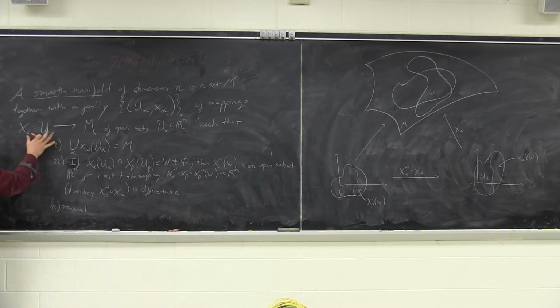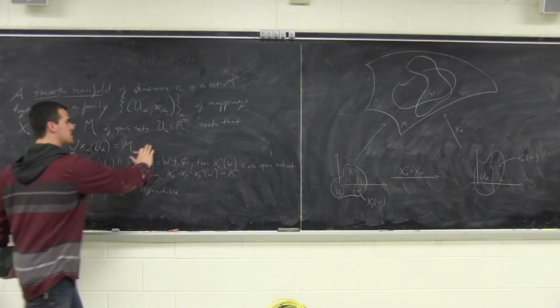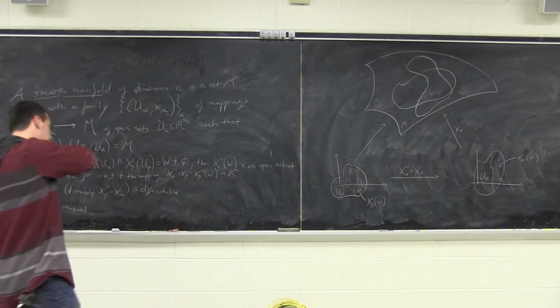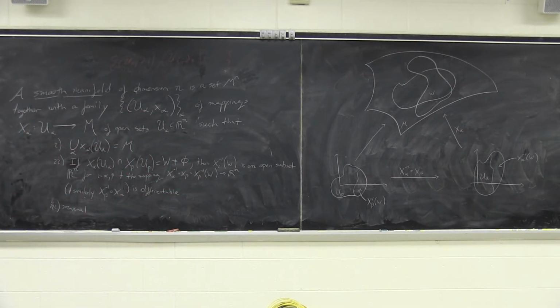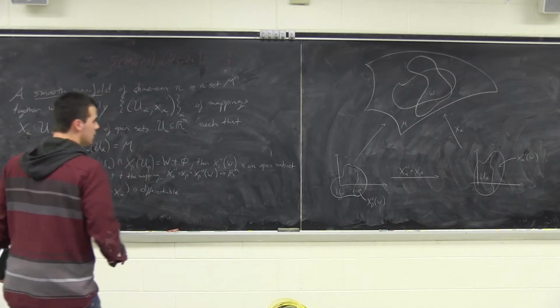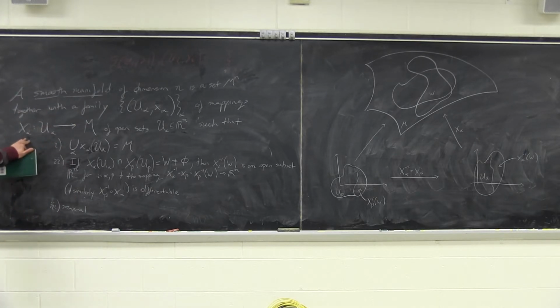So the alpha tells us what set the mapping corresponds to. Now this set is a subset of Rn. Everyone here can look at this picture and just think of n equal to 2 when reading this definition. Okay? So X alpha maps U alpha to the set M.